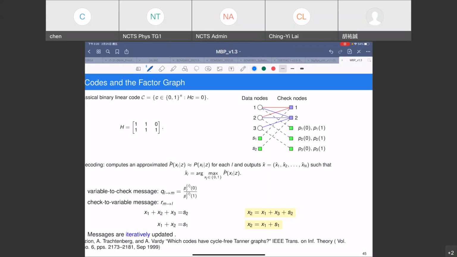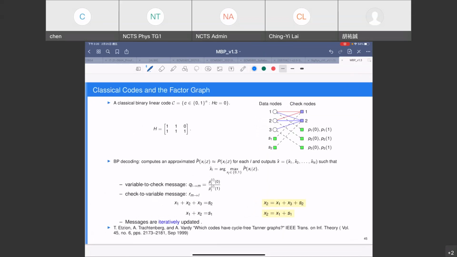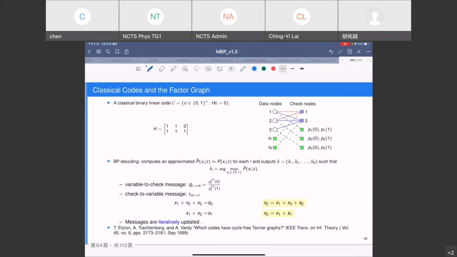The goal here is to approximate the maximum likelihood decoding probability. Okay, so when we get the syndrome Z, we want to maximize the probability that bit xj is sent.